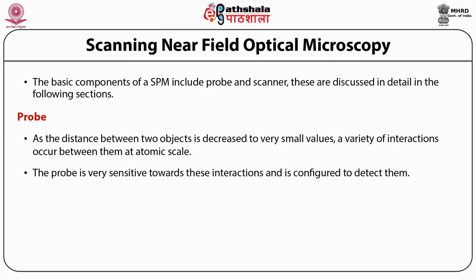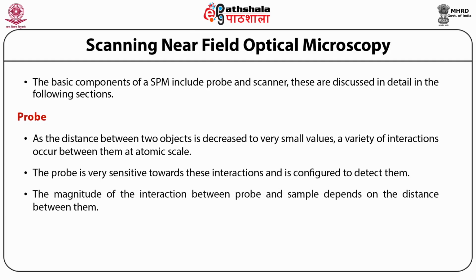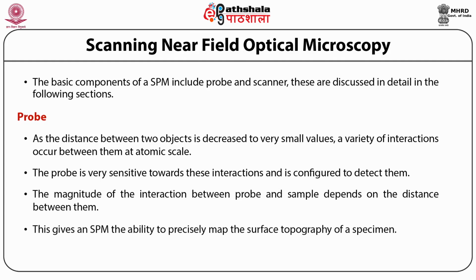In scanning probe microscopy, this probe is brought very close to the sample which is being imaged. The magnitude of the interaction between probe and sample depends on the distance between them. This gives an SPM the ability to precisely map the surface topography of a specimen.